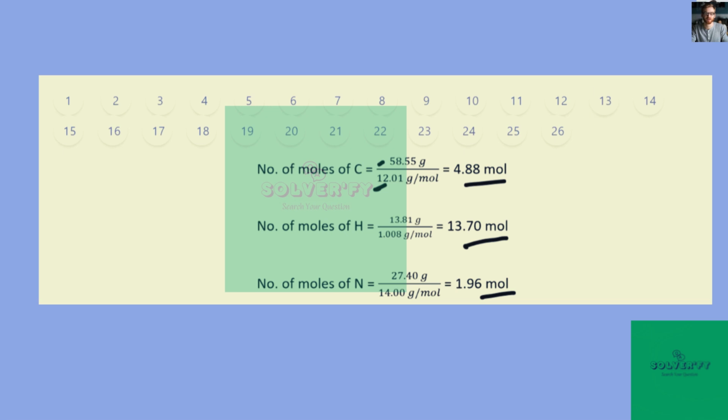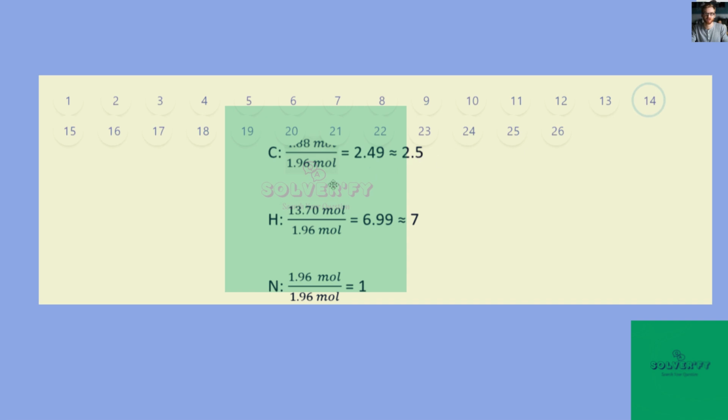Now again, we divide all these numbers of moles by the smallest one, and we can see the smallest number of moles is 1.96, which is the number of moles of nitrogen. We divide each by 1.96, and it gives us values like this. For carbon we get 2.5, for hydrogen we get 7, and for nitrogen it's 1.